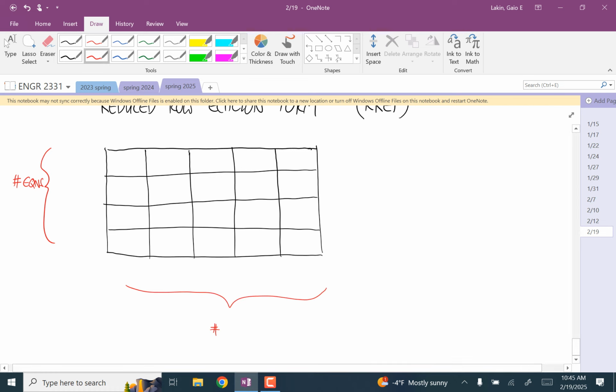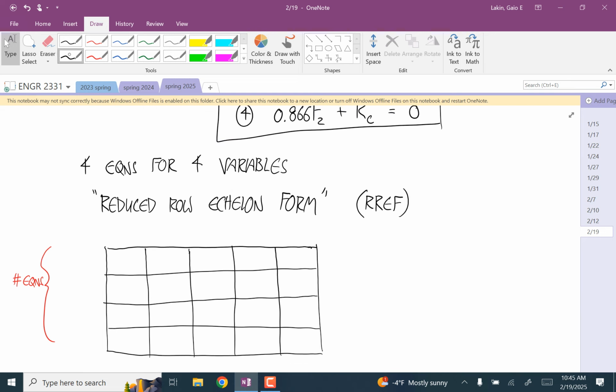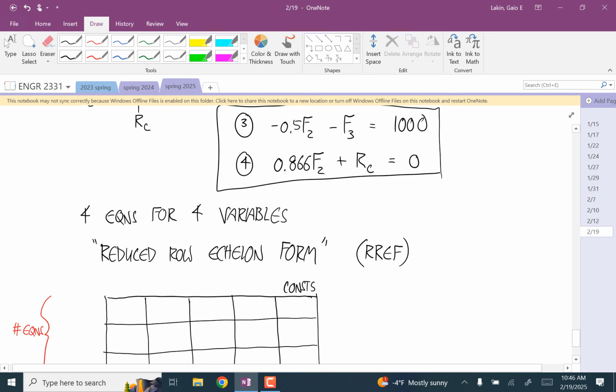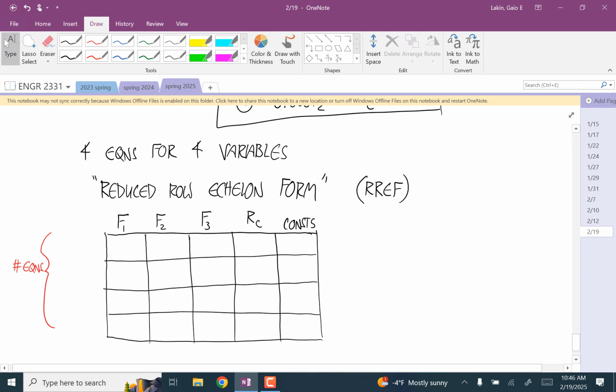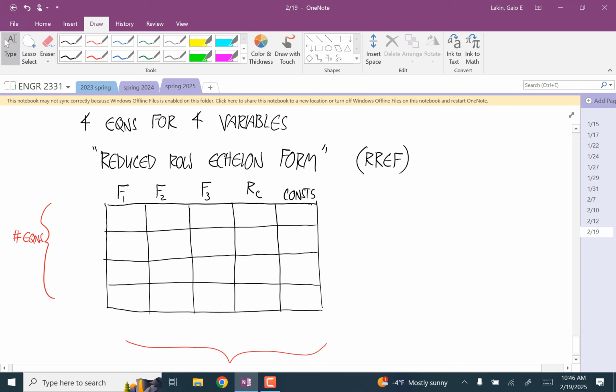This is the number of equations plus 1. And I'm going to choose an order for my variables, and then the constants are going to be this last one. And for my variables, I'm going to call it F1, then F2, then F3, then RC, but it doesn't matter what order you do them in. The answers will just come out in the order you chose.